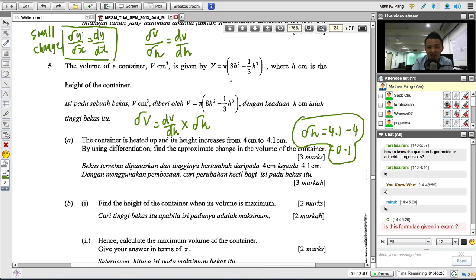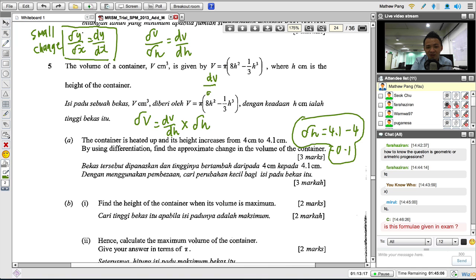So we got the v. If we differentiate this one, we can get dv/dh. A lot of students might find it very hard to differentiate. You can either multiply pi into both first, or just leave it outside. It doesn't matter because pi itself is a constant.